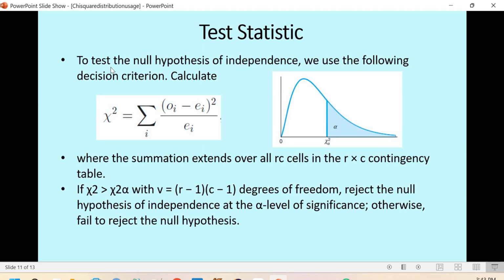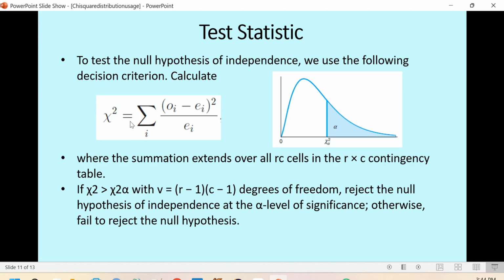In the test process, we can use this expression: observed minus expected, take the square of the difference, which means chi-square distribution, chi-square test. We square it, then divide by expected, then sum together, and we get this chi-square statistic from the data.